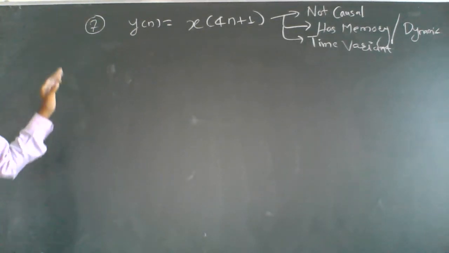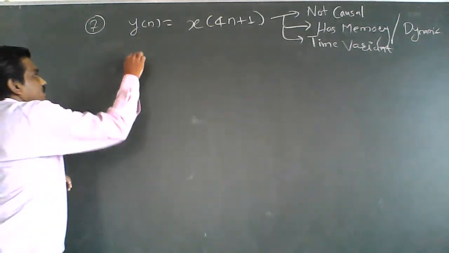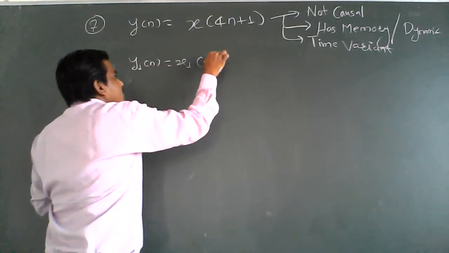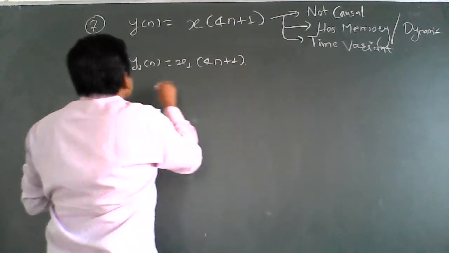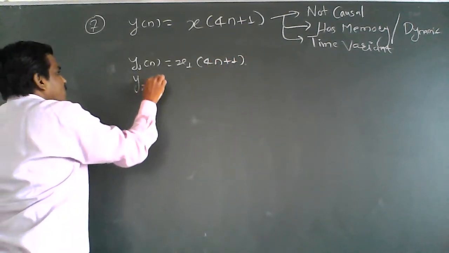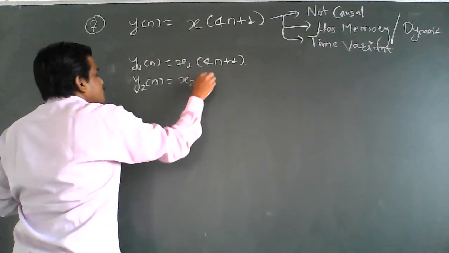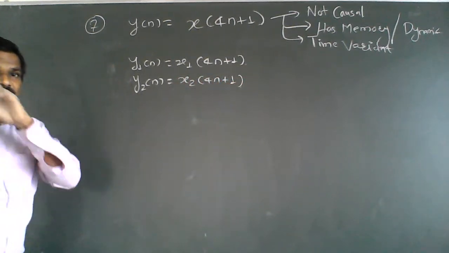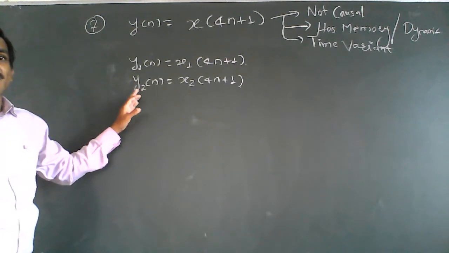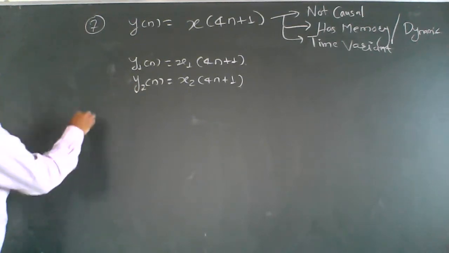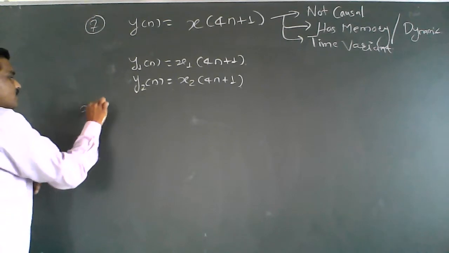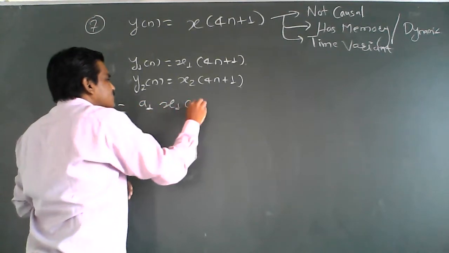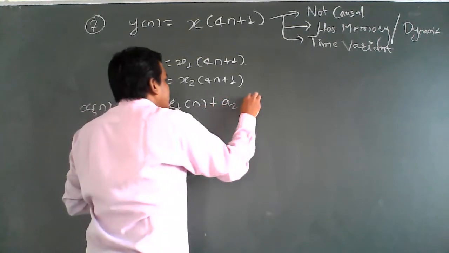Let us consider y1 of n equals x1 of 4n plus 1, and y2 of n equals x2 of 4n plus 1. Now let us consider a third input, x3 of n, which is a linear combination a1 x1 of n plus a2 x2 of n.